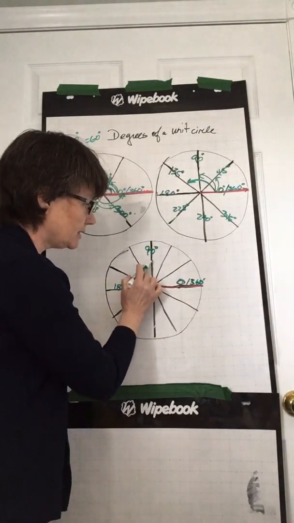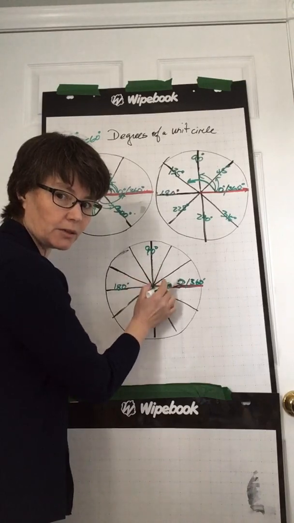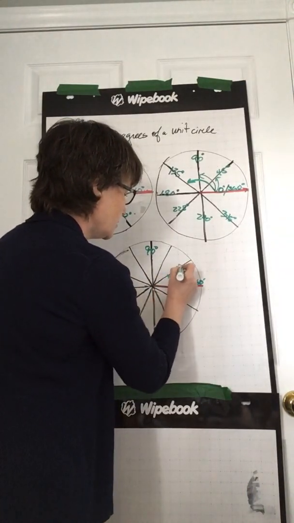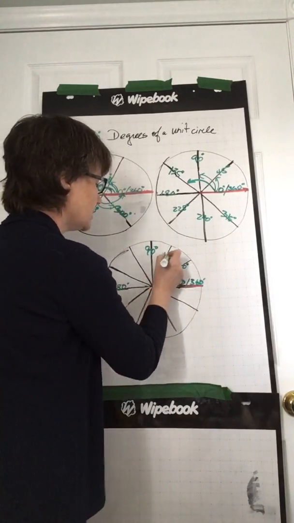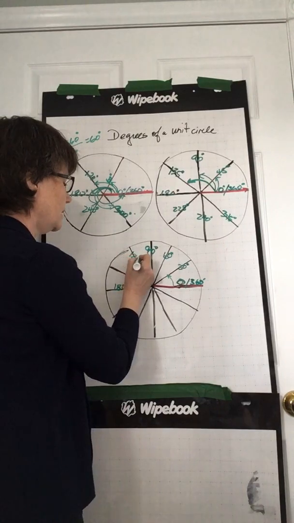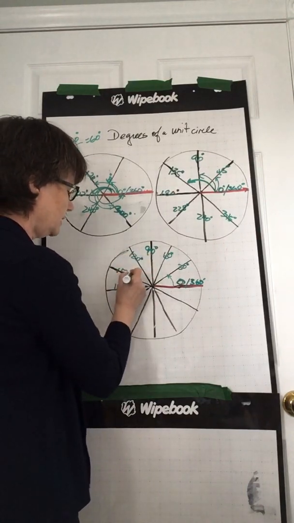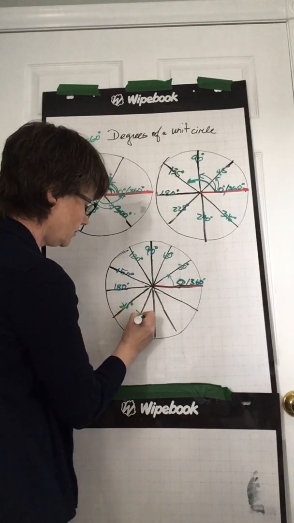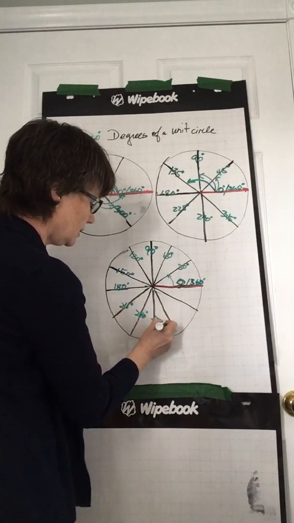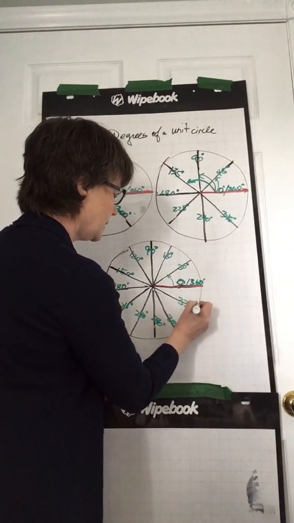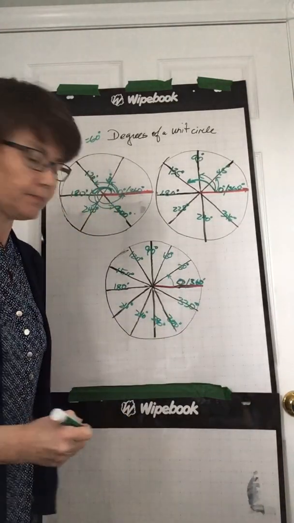And this 90 is divided into 3 equal parts, which means each of them is 30. So this first angle is 30 degrees. Add 30 more, 60, 30 more, 90, 120, 150, 180, 210, 240, 270, 300, 330, and then all the way up to 360.